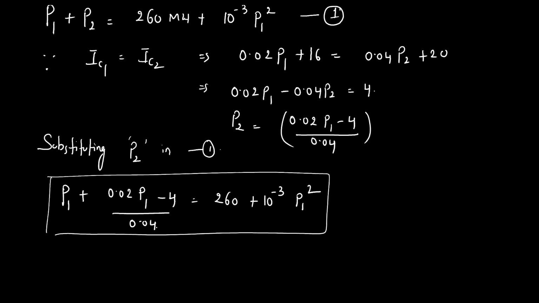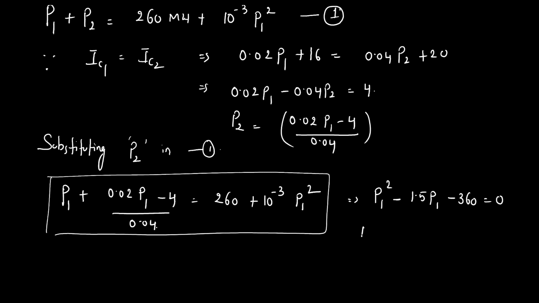What you can do is multiply every term with 1000, both LHS and RHS, and your life will be easy, it will become very simple. If you multiply with 1000, you are going to get P1 square minus 1.5 P1 minus 360 equal to 0.